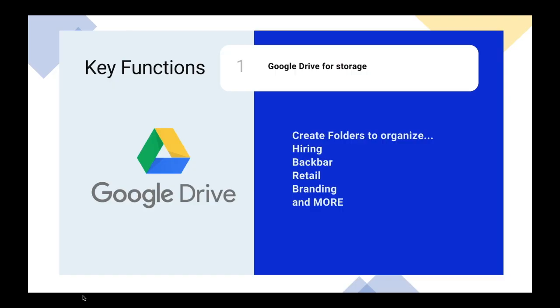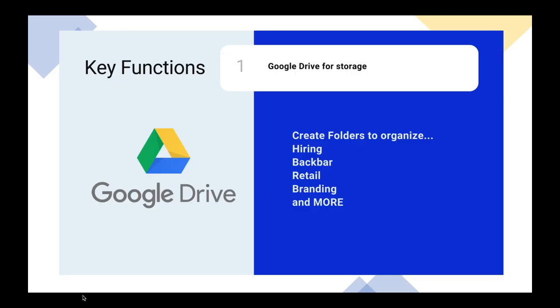So to create a folder, if you open up your Google Drive, you'll see at the top left-hand corner a tab titled New. On this tab, you're going to select Folders. From there, you're going to create folders that pertain to the different subjects in your business.